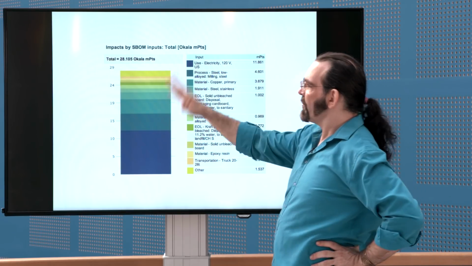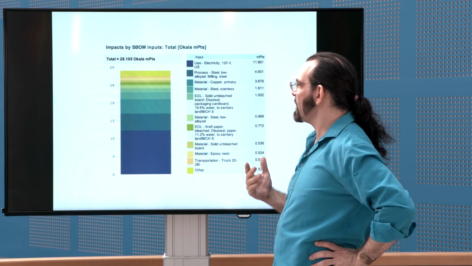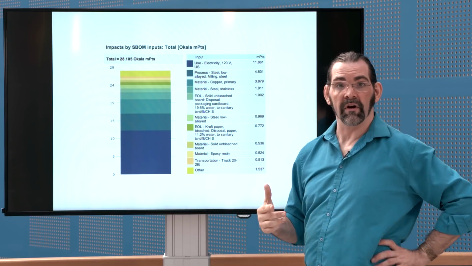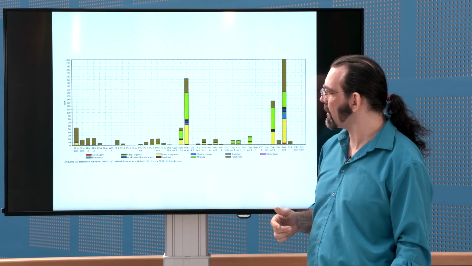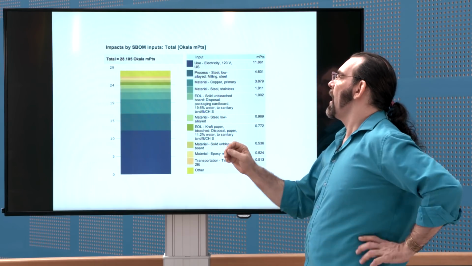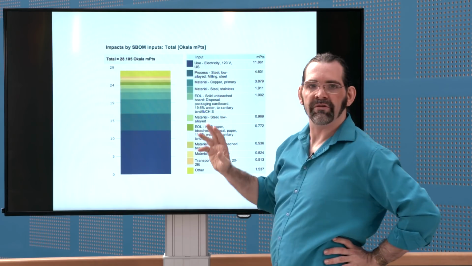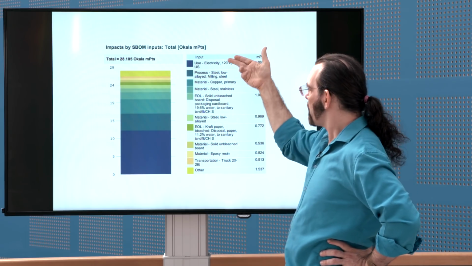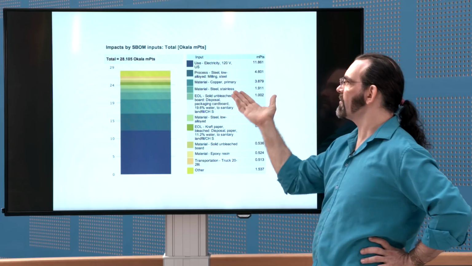Or this is just another way of visualizing data. So here the different colors are not different kinds of environmental impacts like they were here. Here, this is all single score impacts, and the different colors are the different parts of the product or its life cycle.